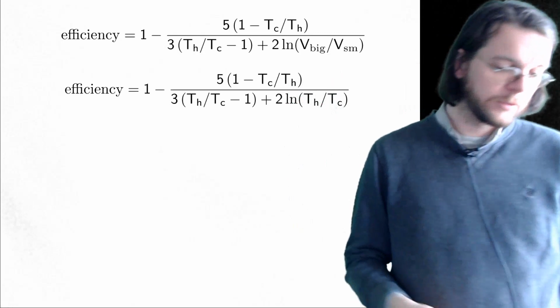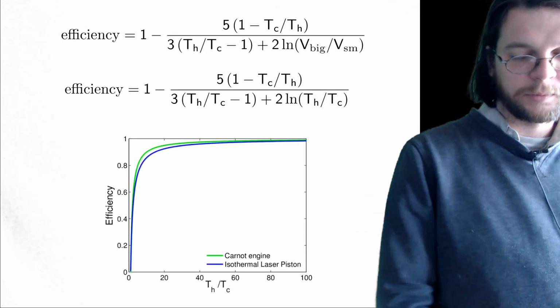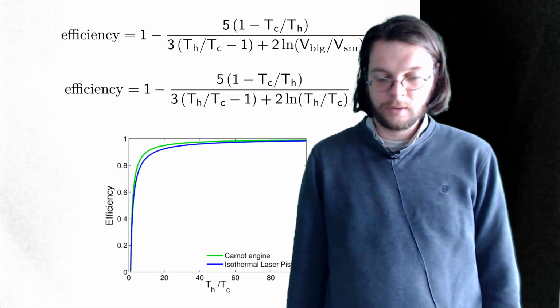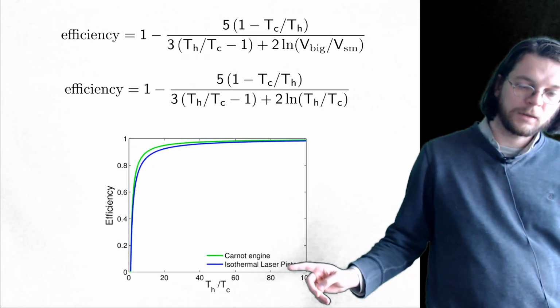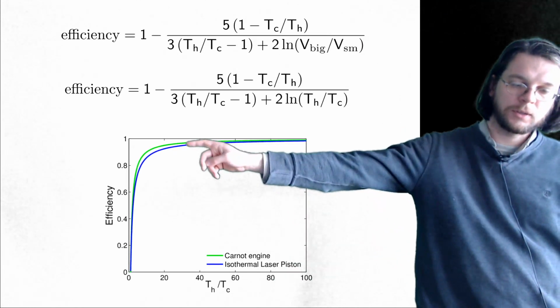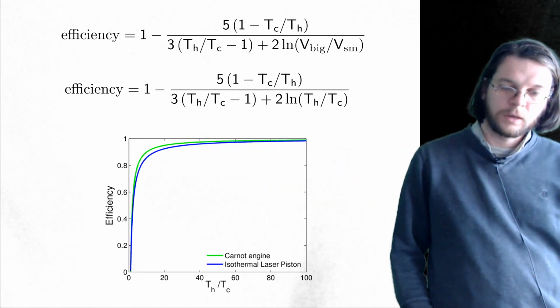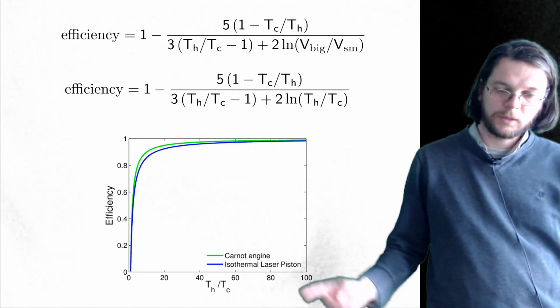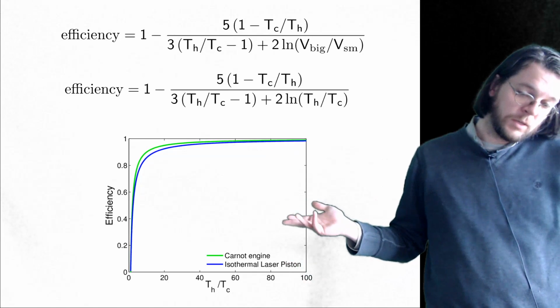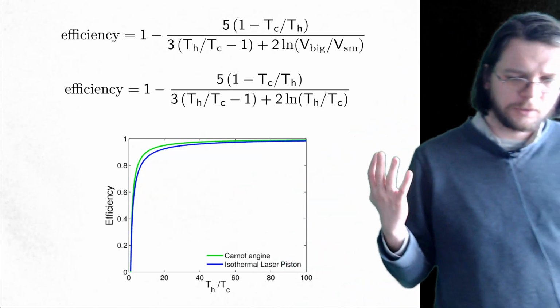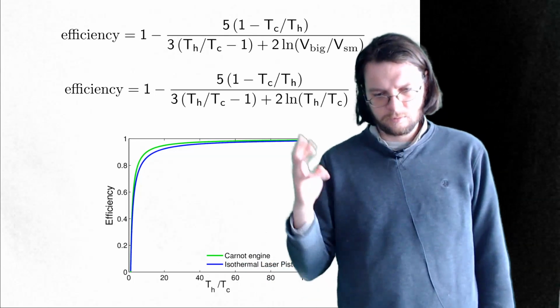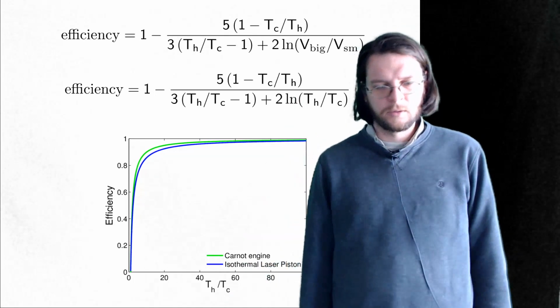And then I can go and plot it up, for example. And you find that the isothermal laser piston, again, is not quite as efficient as the Carnot engine. But it's more efficient than the adiabatic laser piston. There's something about isothermal processes that makes it more efficient that I'm still wrapping my mind around, to be honest.